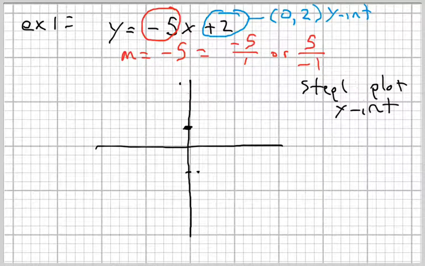Now we need to draw a line through those points. Doing this on your notebook paper, you would need to use a ruler to get a straight edge. So here would be the line, the graph of negative 5x plus 2.